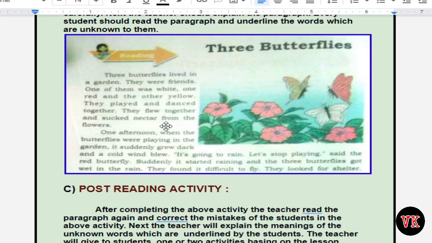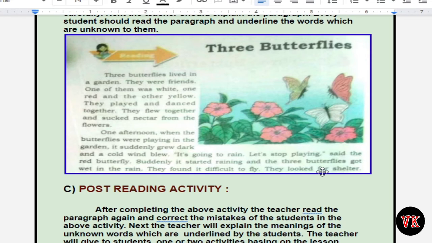One afternoon, when the butterflies were playing in the garden, it suddenly grew dark and cold wind blew. It's going to rain. Let's stop playing, said the red butterfly. Suddenly, it started raining and the 3 butterflies got wet in the rain. They found it difficult to fly. They looked for shelter.